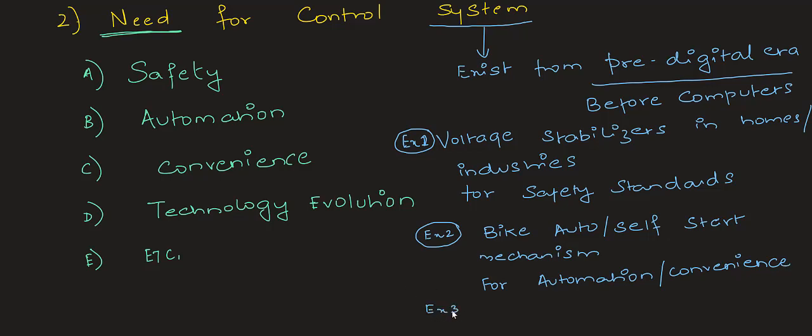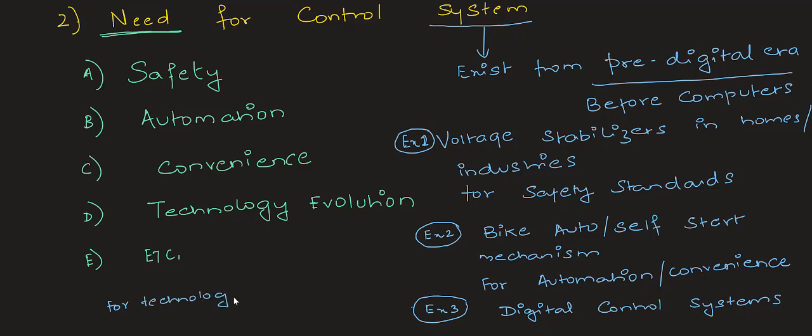Now you have the self-start mechanism, whereby just a click of a button, your vehicle is ready to go. That is an example of convenience. And for technology evolution, you have the digital control system. When I talk about technology evolution, you are always having a control system with a computer.